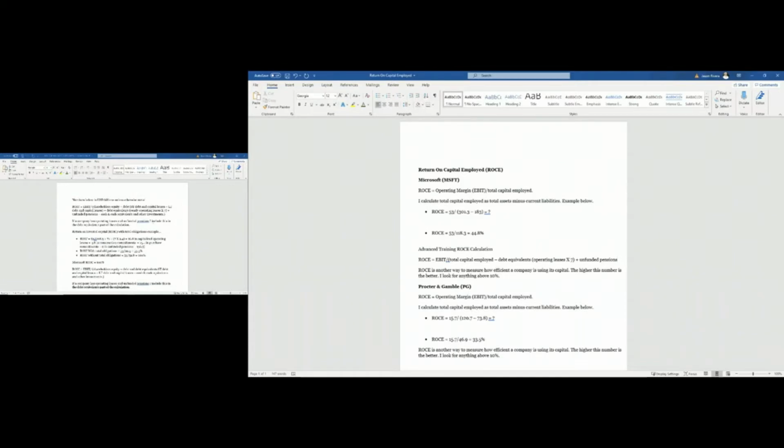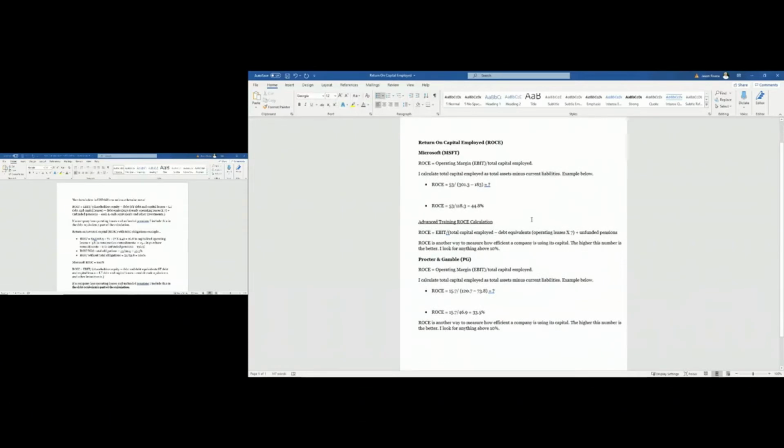To get the full calculation, where is that? I don't have that on the screen, so I'll put a link below on how to calculate total enterprise value. Or now that I think about it, I don't think I've made a video showing the full calculation of total enterprise value, so I'll turn that into a series as well. So, okay, note that.